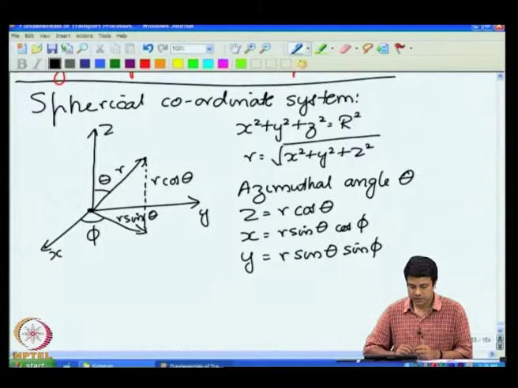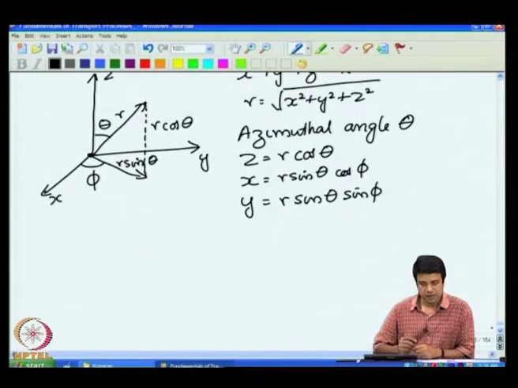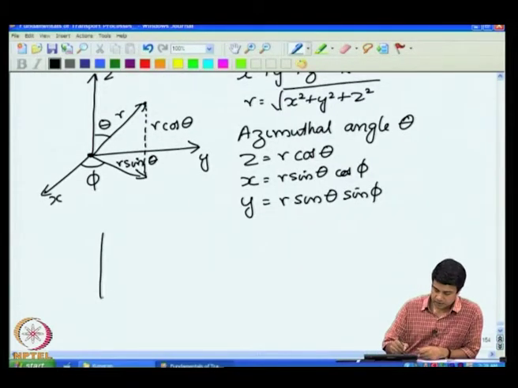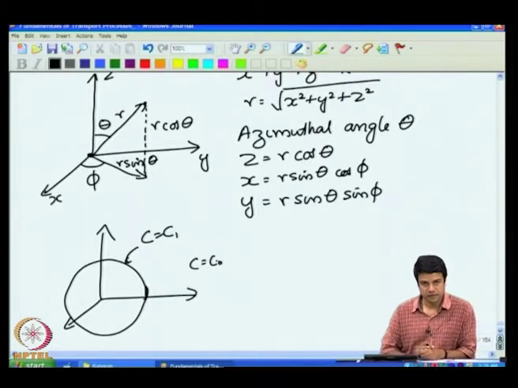That means that the temperature and concentration fields depend only upon the distance from the origin, not upon the angle around the origin or the angle with respect to the z axis. That is of course valid if I had the simplest case, that is, if I had, for example, a spherical particle with concentration C equal to C 1 at the surface and C equal to C naught far away from the surface.